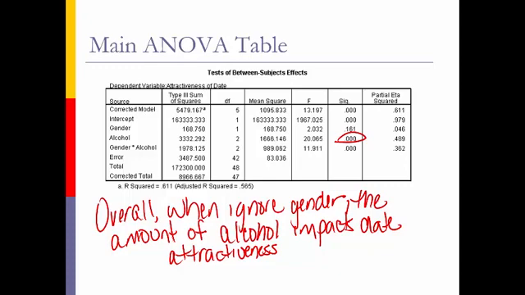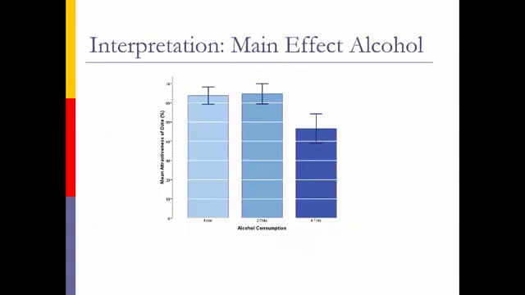All right, let's go ahead and look at graphs of this as well. Let's see if we can see something that kind of correlates with this. And that's exactly what we see, right? Looks like these two seem to be the same, but there seems to be a difference when we get to 4 pints. So it seems like a person's willing to accept a less attractive date after 4 pints.